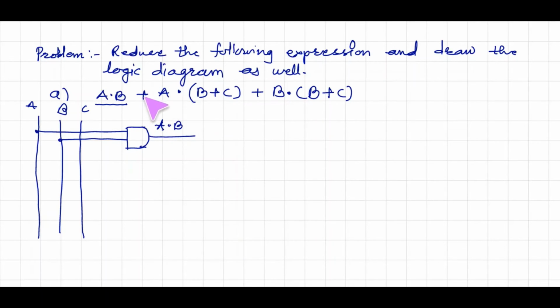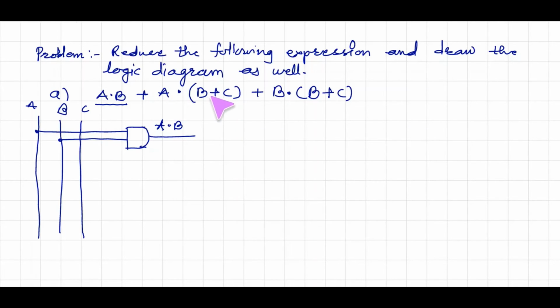Okay, second operation: this term is ORed with other terms. Let us consider the second term, a dot (b plus c). So here we need an ORing operation, which is ANDed with a.